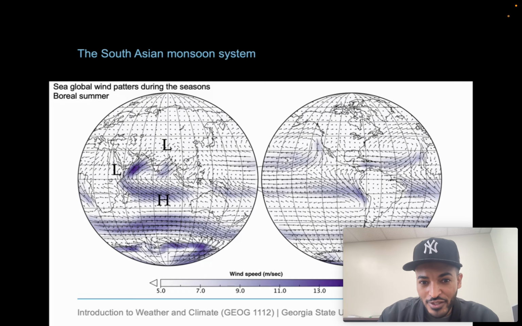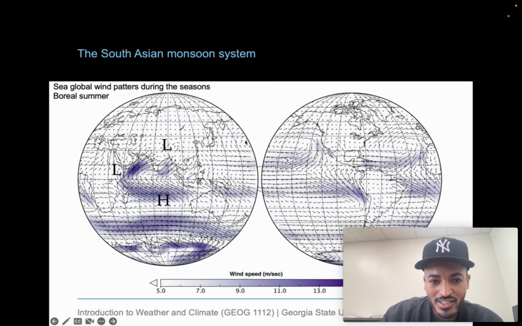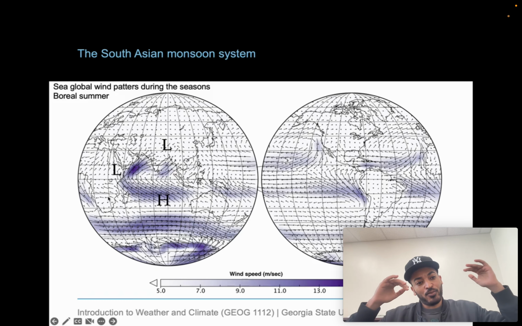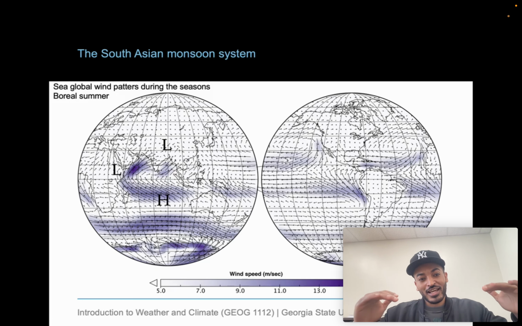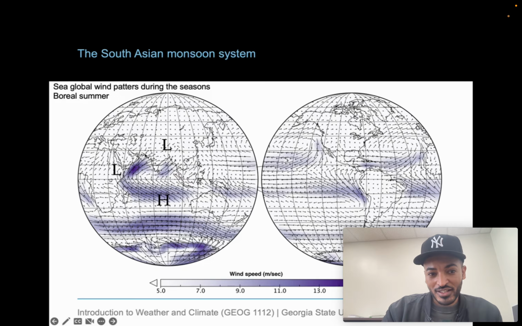So, for instance, if we look at the summer season and global wind patterns, typically what we have is the land surfaces here. This is continental Asia. Here is Africa, and then here is North America and South America, right? And then we have Australia here. Remember, during the boreal summer, that's when the sun is overhead in places like, for instance, countries like Ethiopia, or in East Africa, many places.